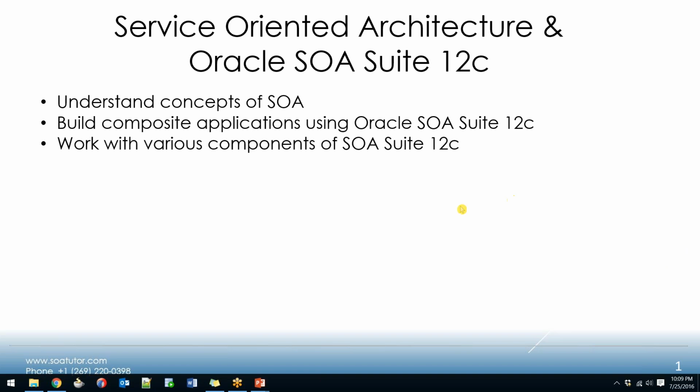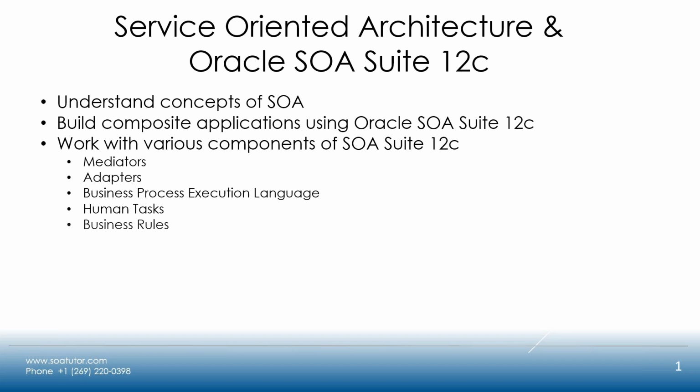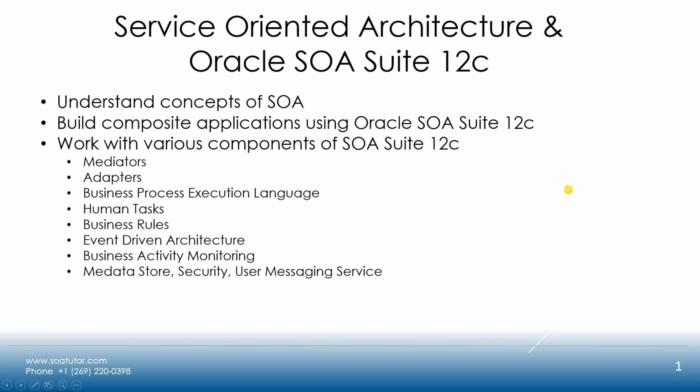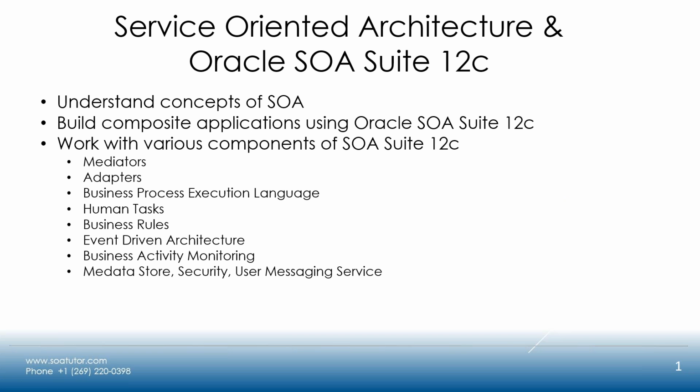So what are the various components you would be learning? I'm listing the major components. One is mediators, adapters. There are different kinds of adapters. And then business process execution language, human tasks, business rules, event-driven architecture, business activity monitoring, metadata store, security, user messaging service, etc. These are the different components that you would be learning.